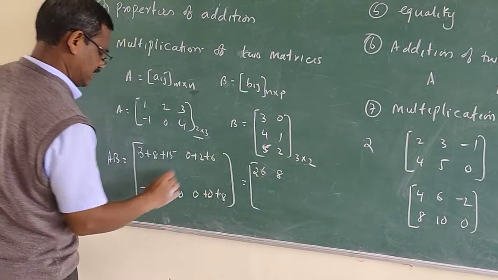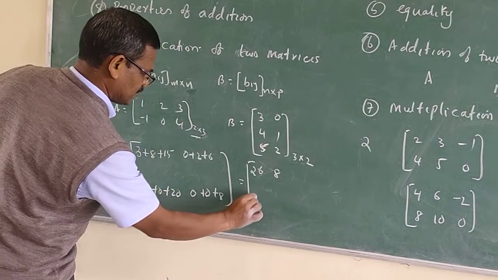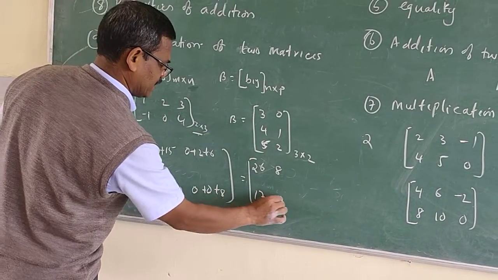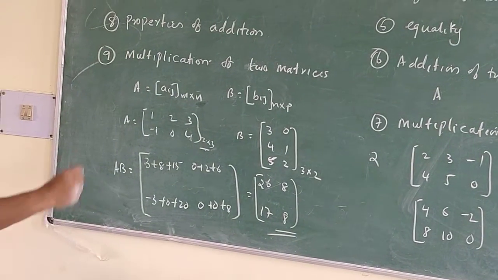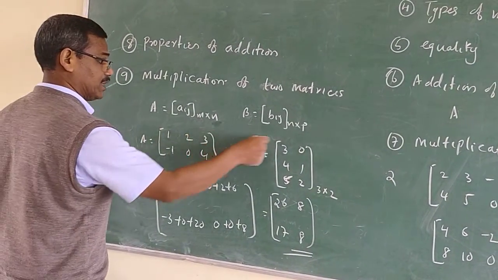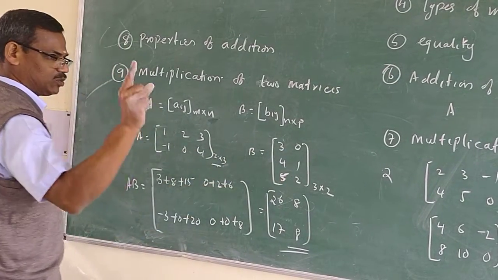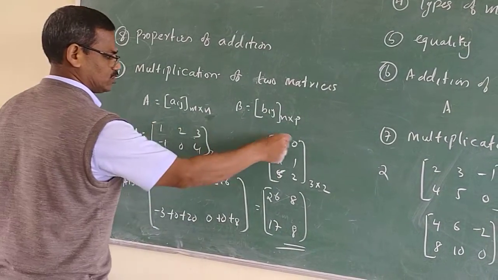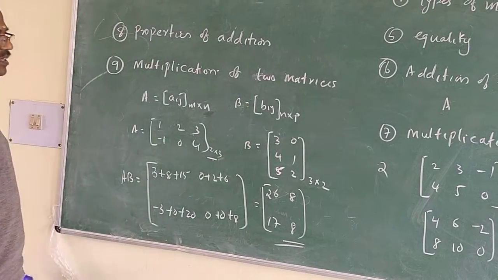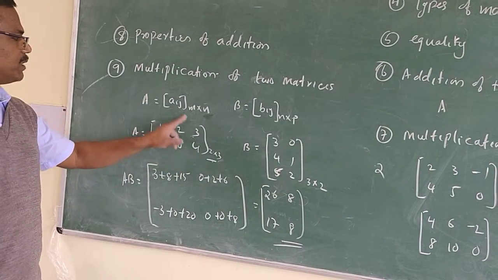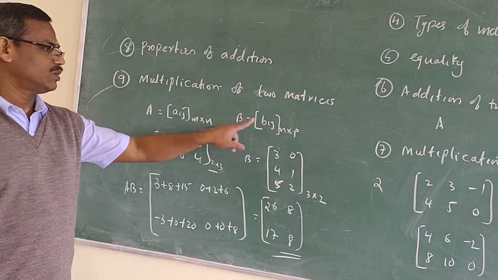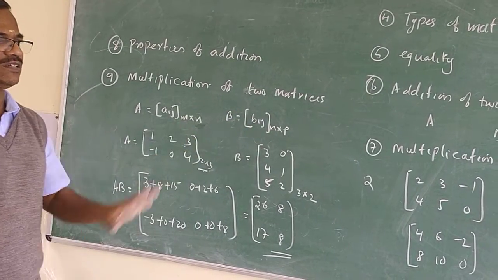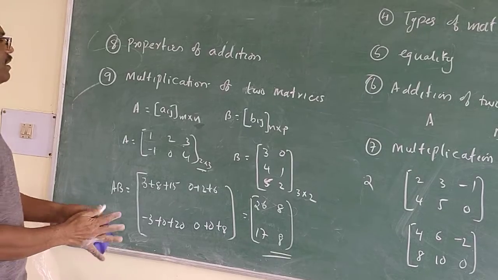And here 0 plus 2 plus 6 is 8. In the second row, minus 3 plus 20 is 17, and 8 here. So this is the way we find the answer. Remember, the row is to be multiplied by the column. That gives one element. Then this row into the second column gives the second element. Remember, when you want to multiply, the number of columns of the first matrix should be equal to the number of rows of the second. This is the multiplication definition.